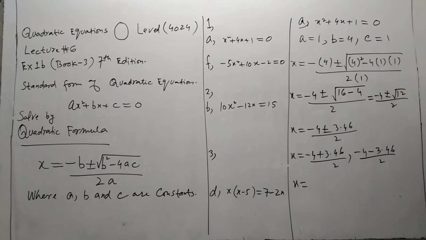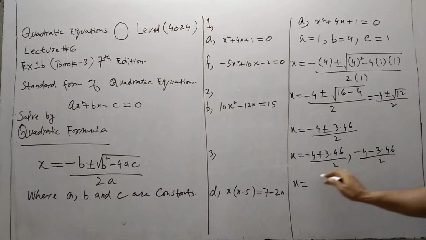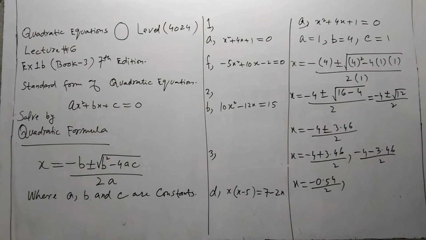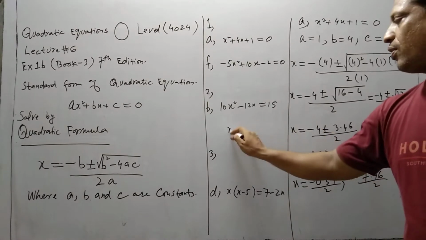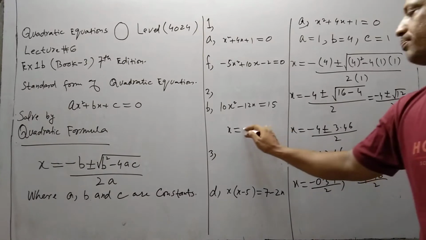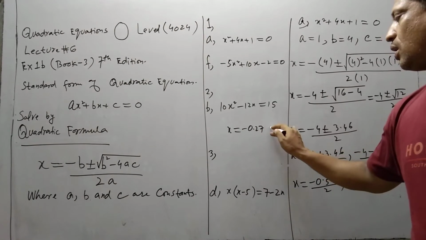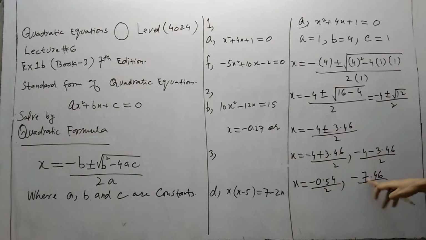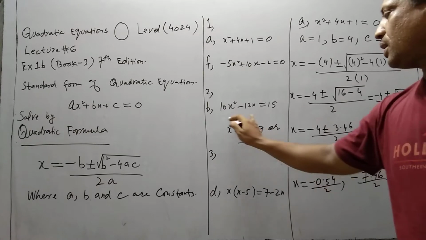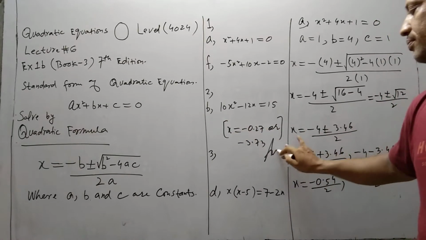Minus 4 plus 3.46 is minus 0.54 upon 2, comma, minus 4 minus 3.46 is always add, sign of the bigger number, 7.46 upon 2. So the value of x is minus 0.54 upon 2, which is minus 0.27, or minus 7.46 upon 2, which is minus 3.73. This is your final answer.